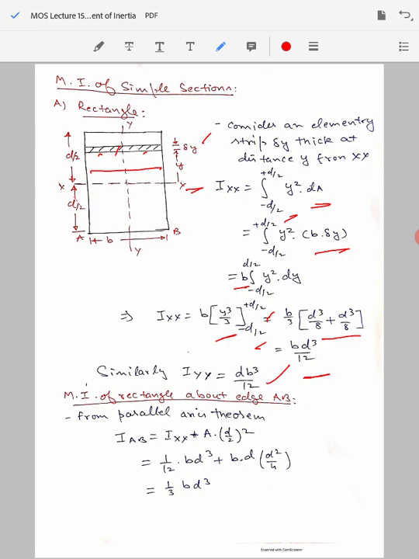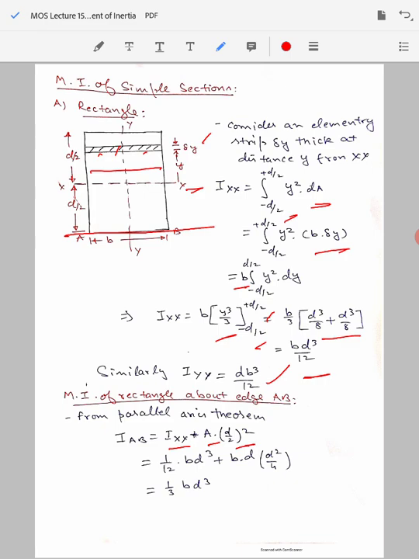But if you want to find the moment of inertia about the edge of this rectangle, which is AB, shown here, you can use the parallel axis theorem. From the parallel axis theorem, the moment of inertia about AB is the moment of inertia about the centroidal axis, Ixx, plus the area of the cross section multiplied by the square of the distance between the axes xx and AB.